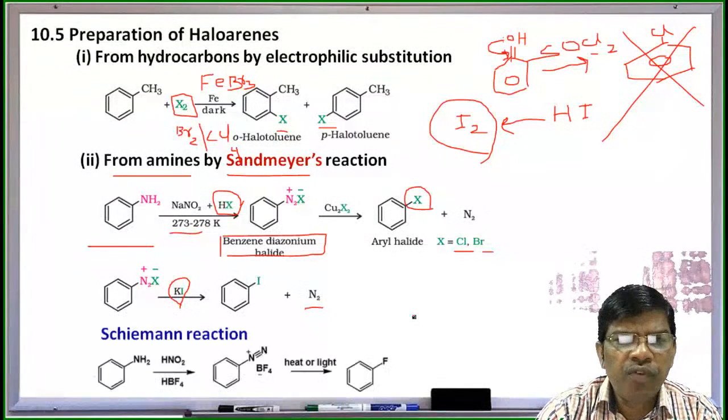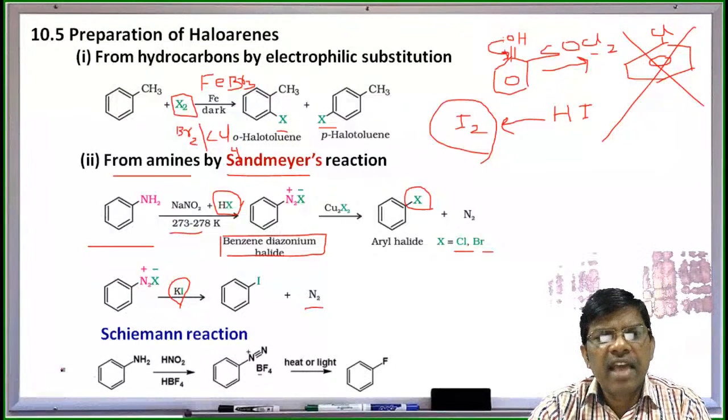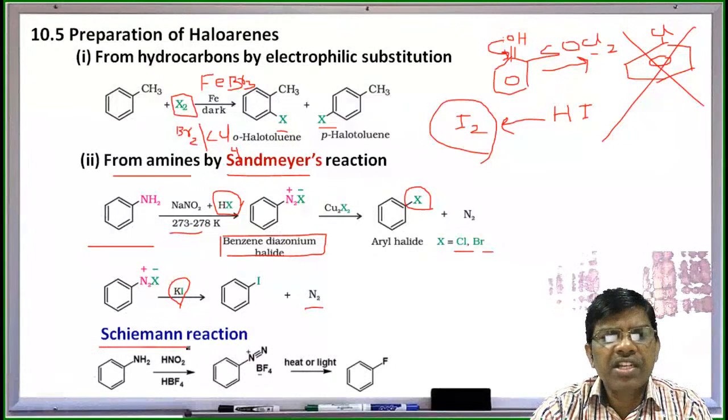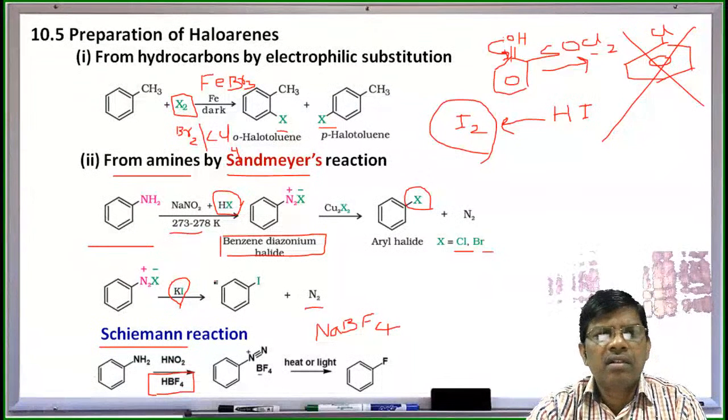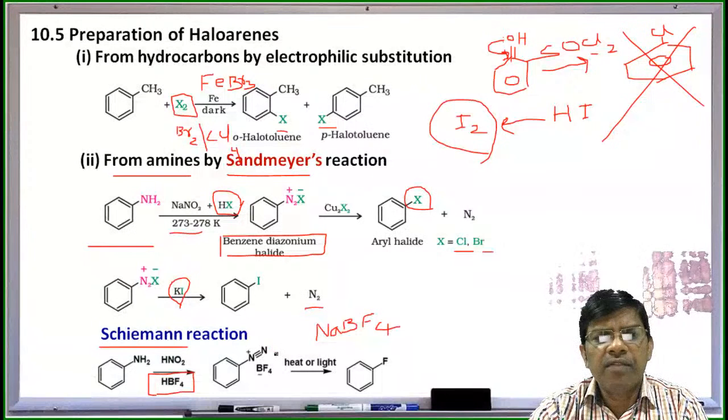When it comes to fluorides, there is another name reaction, the Balz-Schiemann reaction. It uses HBF4, or you can use sodium tetrafluoroborate. Simply make the diazonium salt, then treat it with sodium tetrafluoroborate.